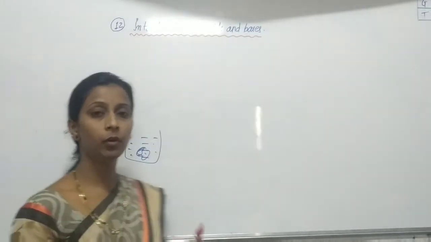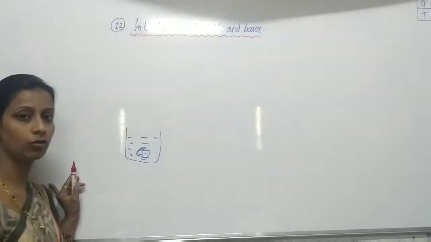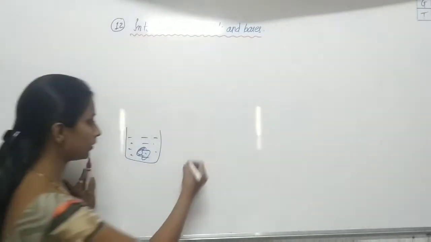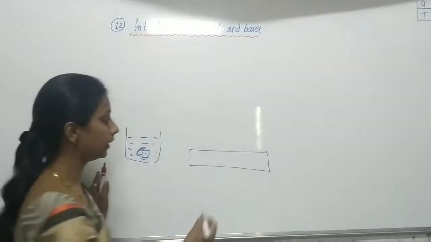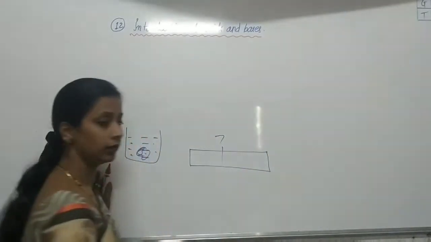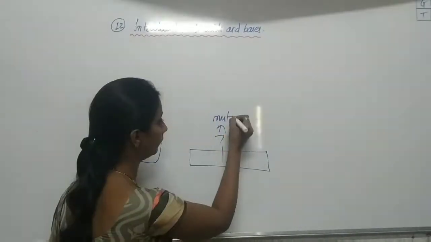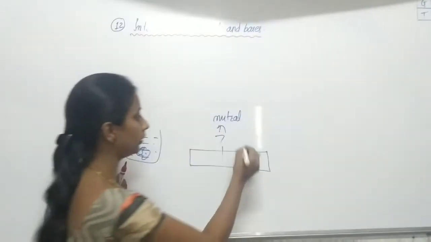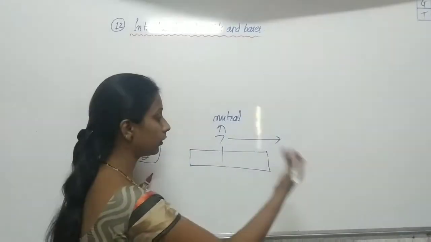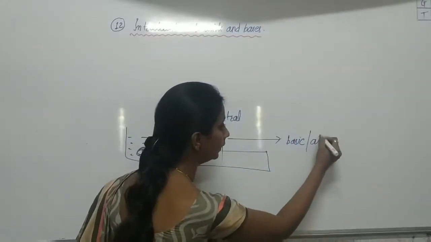With the help of pH paper, we have to find out whether this sample is acidic, basic or neutral. Suppose this is pH paper. When the pH is 7, the sample is neutral. When the pH is more than 7, the sample is basic or alkaline.